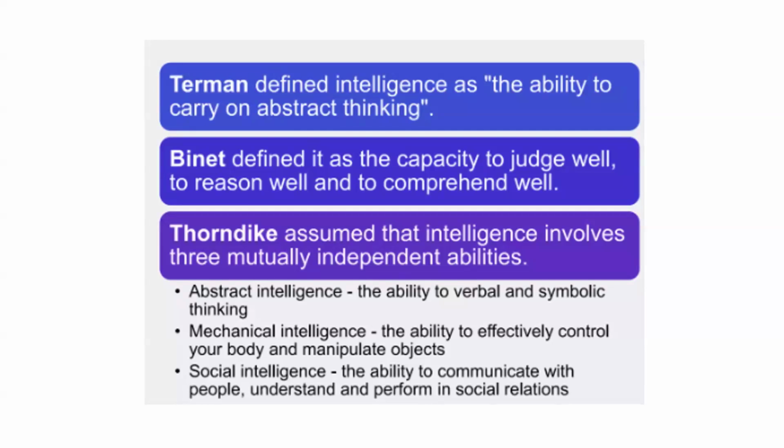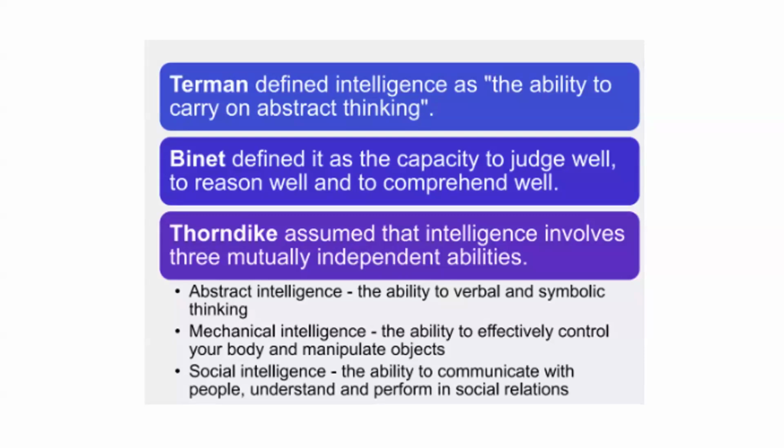The other one is social intelligence. What is social intelligence? The ability to communicate with people, understand and perform in social relations. That's why we say emotional intelligence.